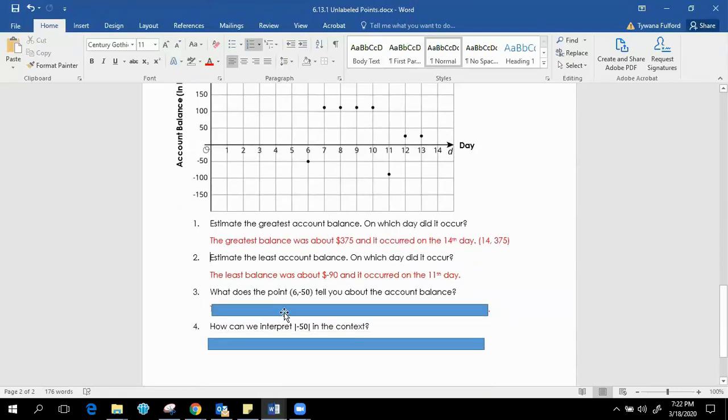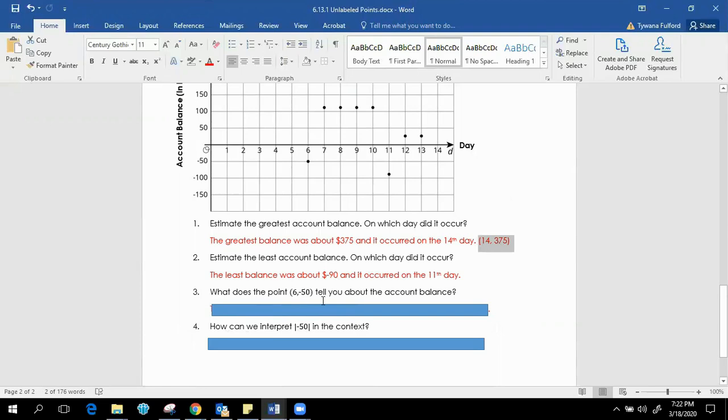All right, let's look at question number 3. What does the point (6, negative 50) tell you about the account balance? Well, I kind of helped us out here by writing an ordered pair. Of course, the first value, or the x coordinate, tells us the day, and the second value, the y coordinate, tells us the amount of money in the person's bank account.